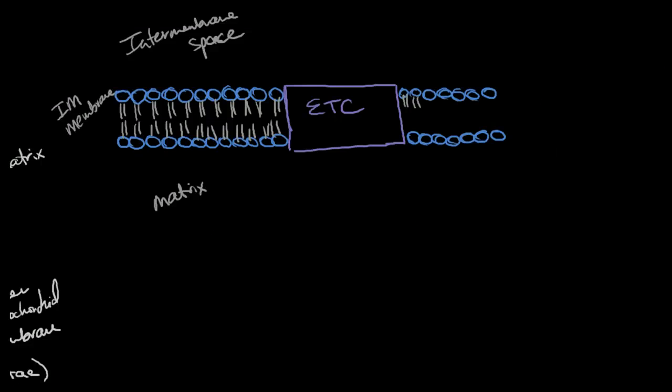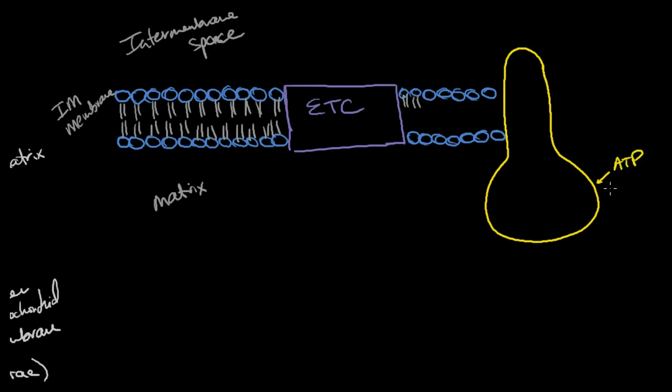And then what I'm going to draw here, as best as I can, is a protein, and it's usually drawn in this shape, that we will label as ATP synthase.